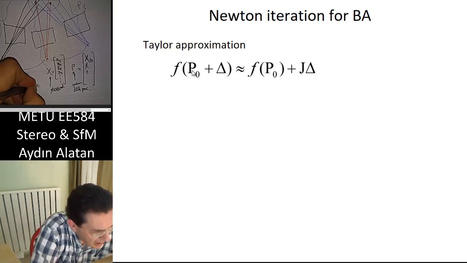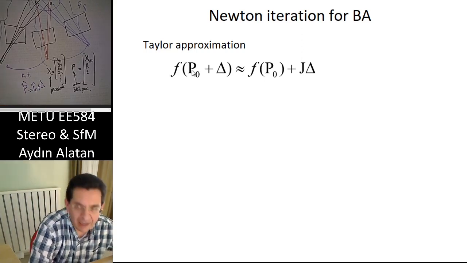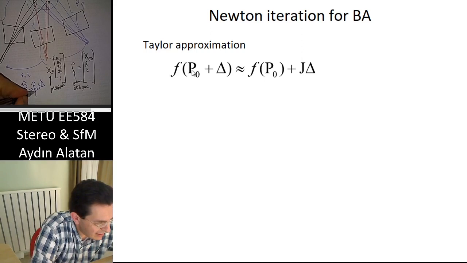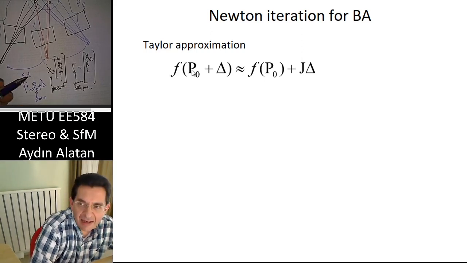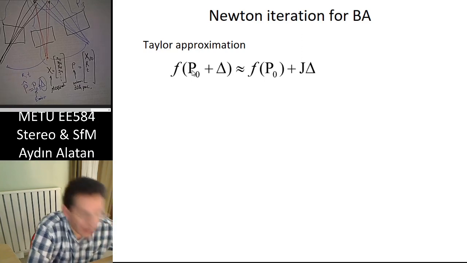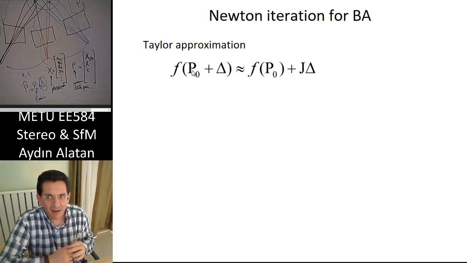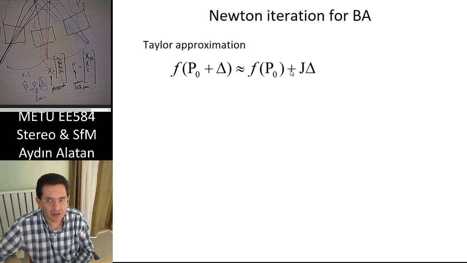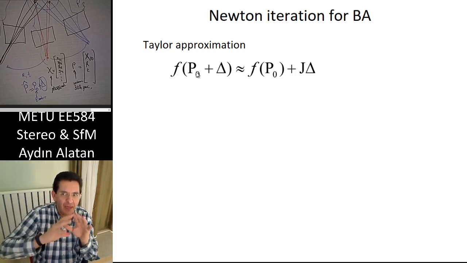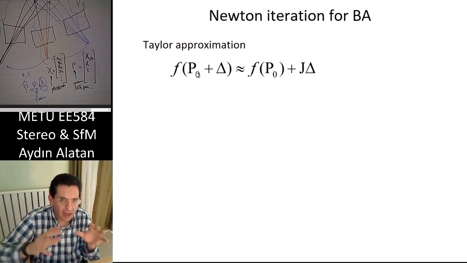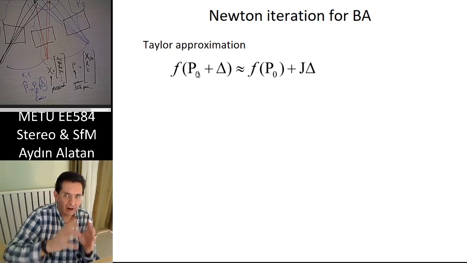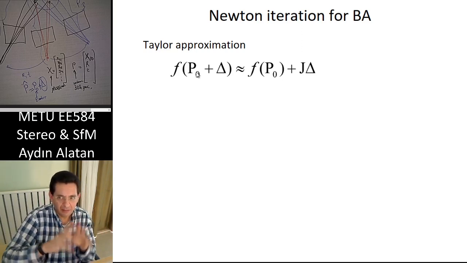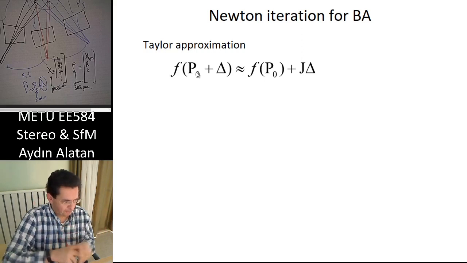P0 plus delta is your real estimate, and this little delta is what you are trying to obtain. You will make a first-order approximation here, so that you try to be near the correct value, the global optimal P point.